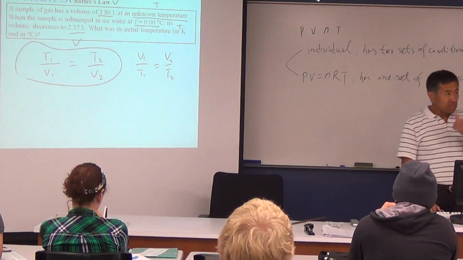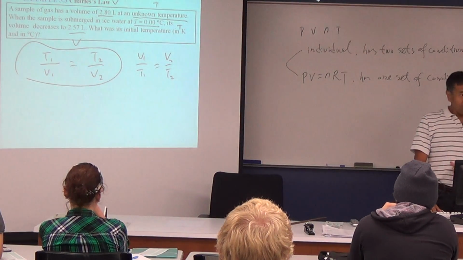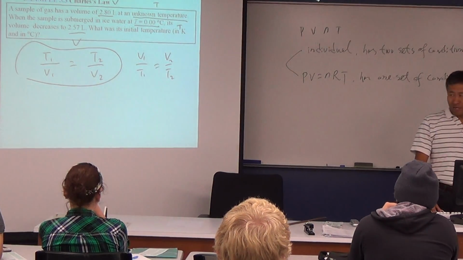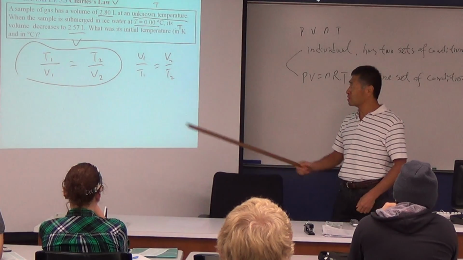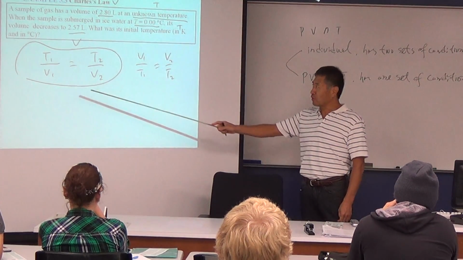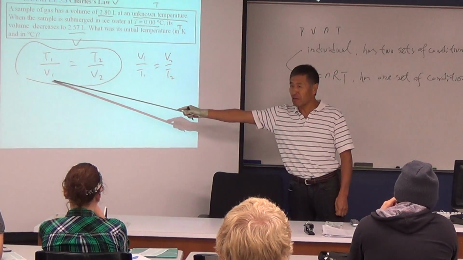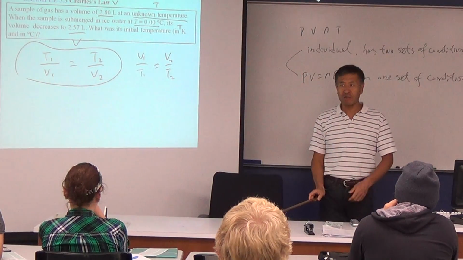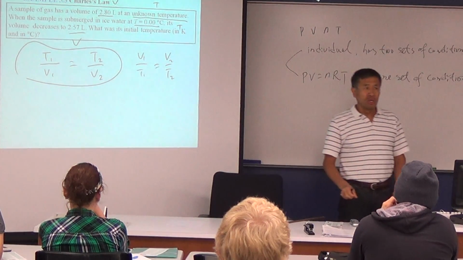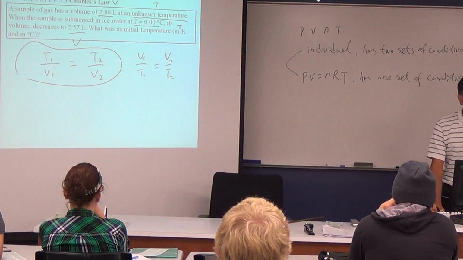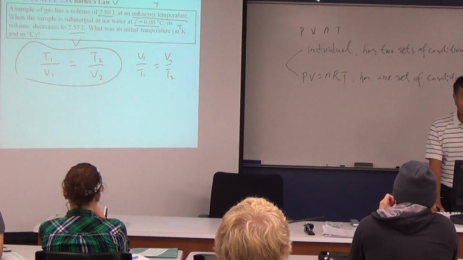So once you decide you're going to use Charles's law, a little detail: I choose this form because you're going to find the temperature. If you want to find a temperature like T1 or T2, you multiply by V1 over, and that's just one step. Then the second step is to identify what to pair with what.